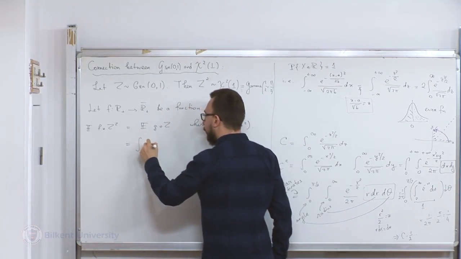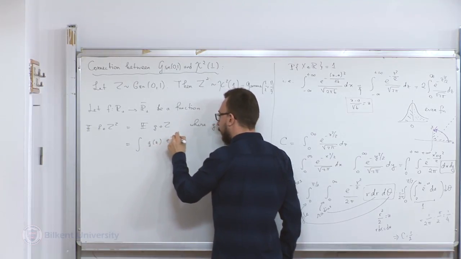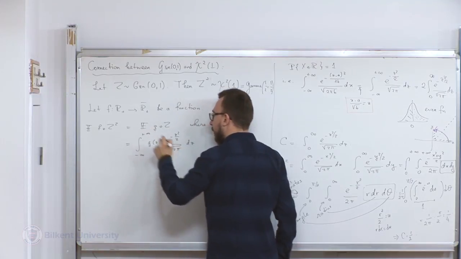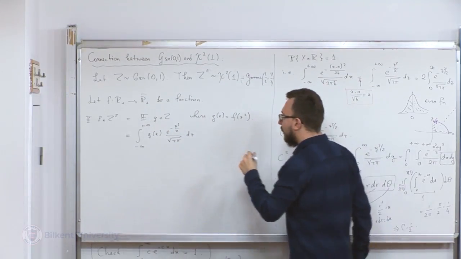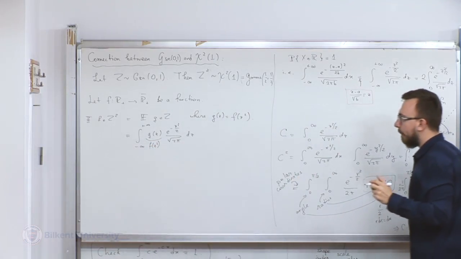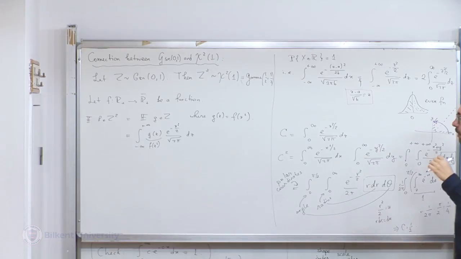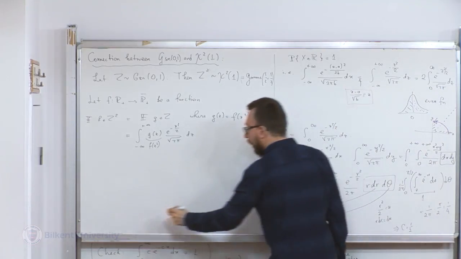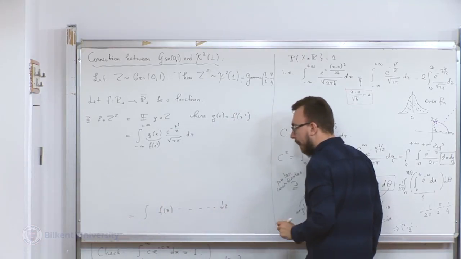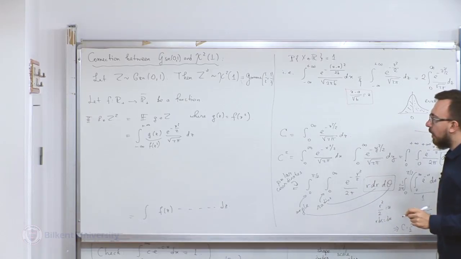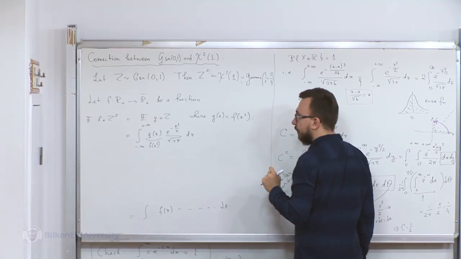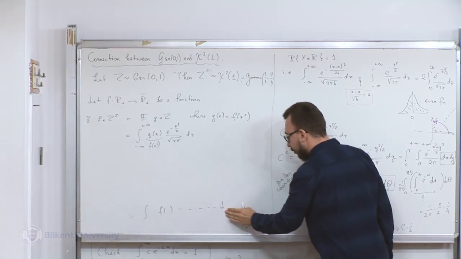So now I can calculate it because I know the distribution of Z. It is the integral of G of Z e to the negative Z squared over 2, over square root of 2 pi, dz, from minus to plus infinity. And now let's use the fact that this was just f of Z squared. Well, at the end of the day, we want something like this, f of Z times something dz. So let's make the argument of f just Z. Or maybe I should use another dummy variable.